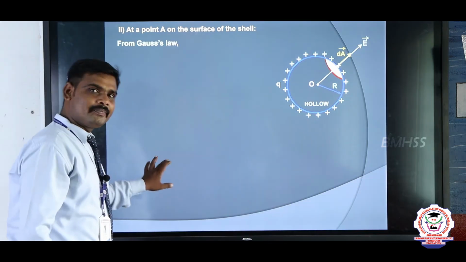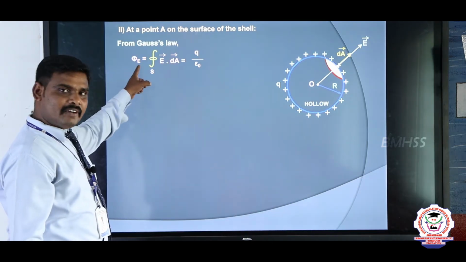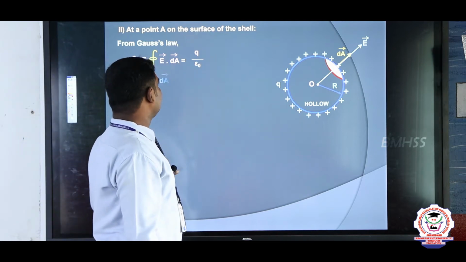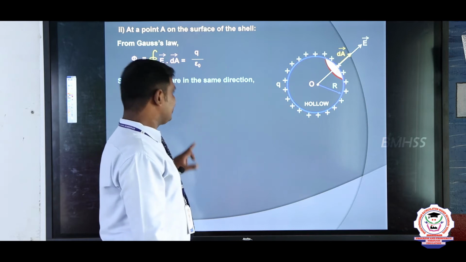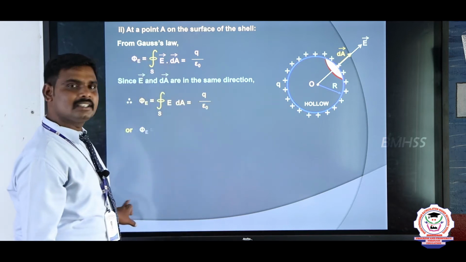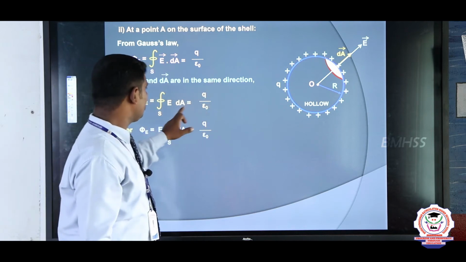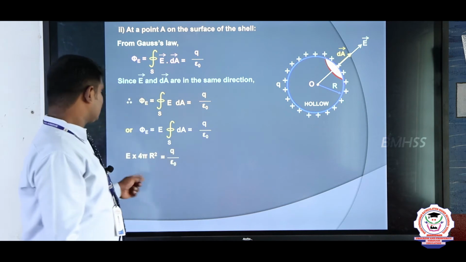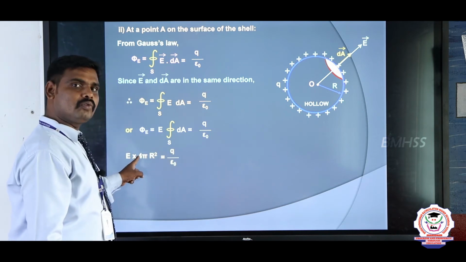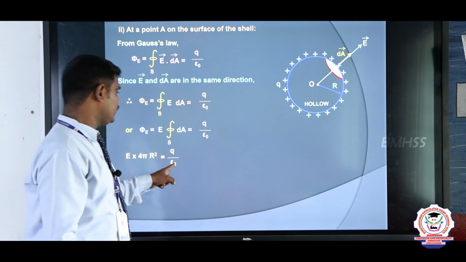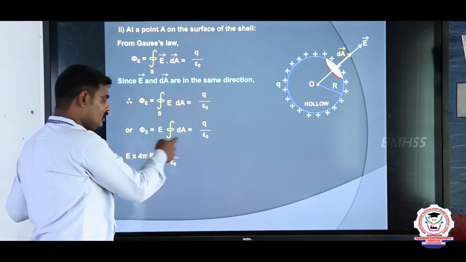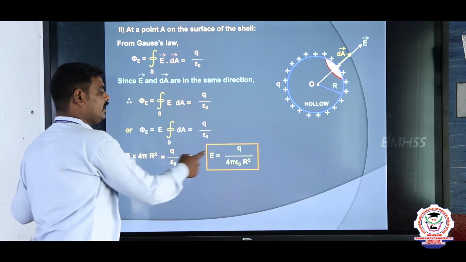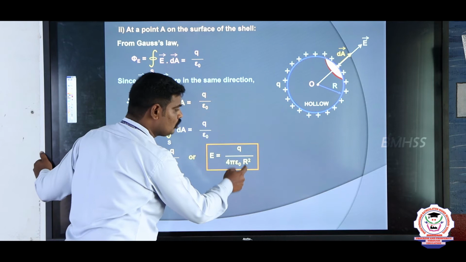According to Gauss law, phi is equal to the integral of E vector dot dA vector is equal to Q by epsilon naught. E and dA are in the same direction, so E into the integral of dA is equal to Q by epsilon naught. When you take the integral of dA, you get 4 pi R square. So E is equal to Q divided by 4 pi epsilon naught into R square.